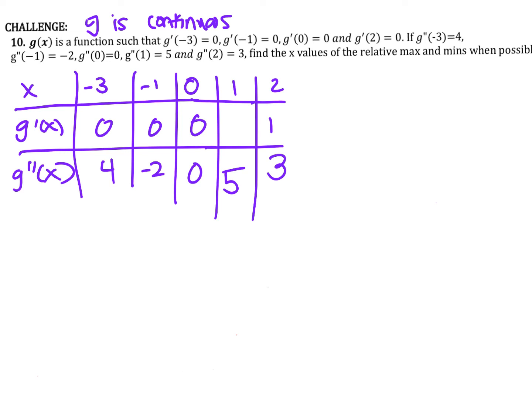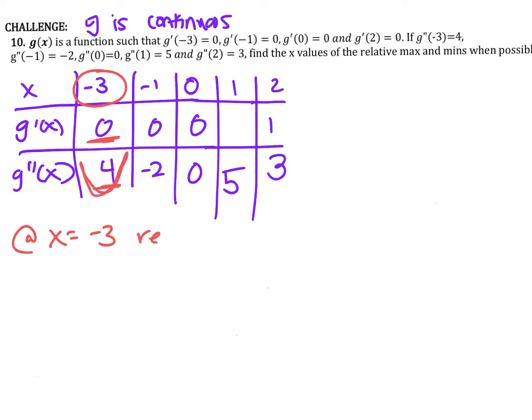So hopefully you had enough time to create a table that looks similar to my table. Now that we have this organized and we know that g is continuous, let's see what we can tell from this table. First of all, at x equals negative 3, the first derivative is 0 and the second derivative is positive, which means that this is concave upward.